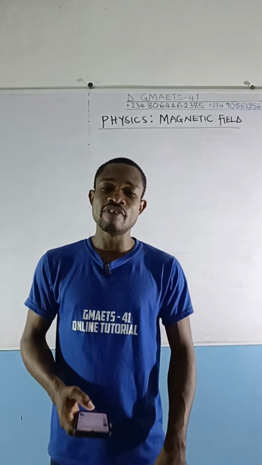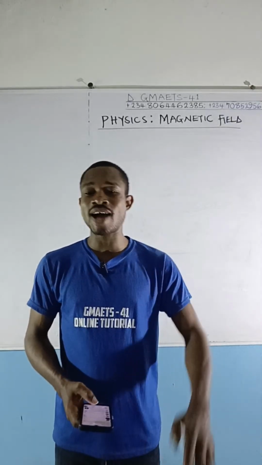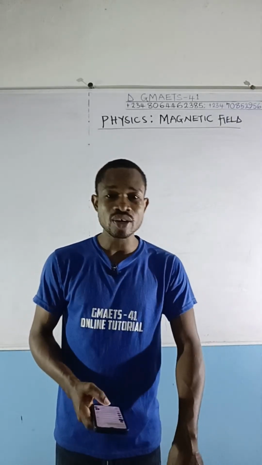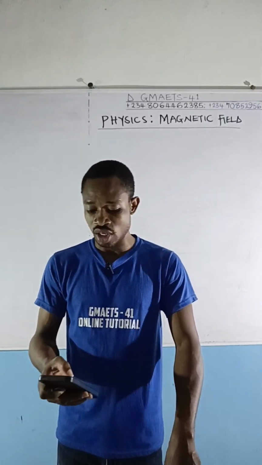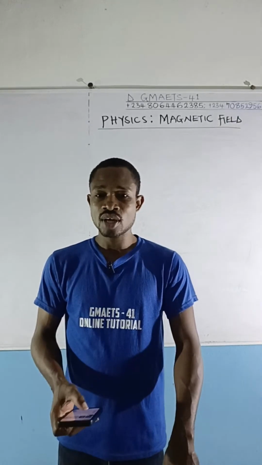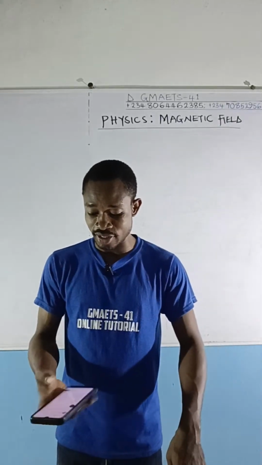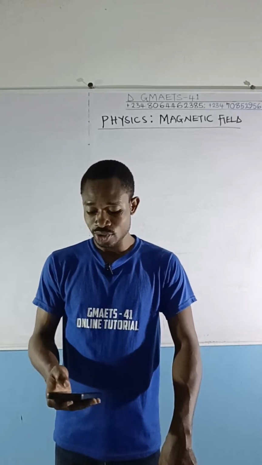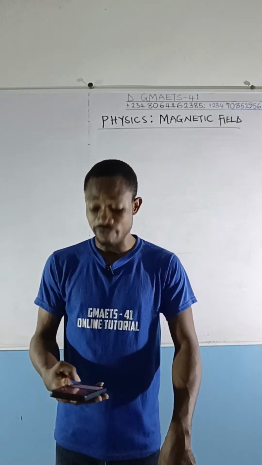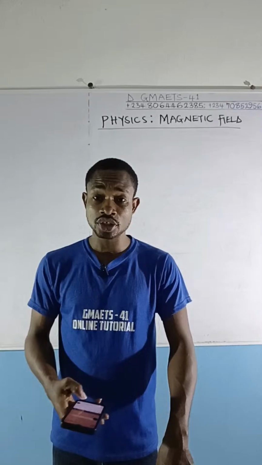We're also going to give attention to the magnetic force acting on a current carrying conductor. That is a conductor that is carrying current and then placed in a magnetic field. We shall also give attention to how to determine the force on such conductor.